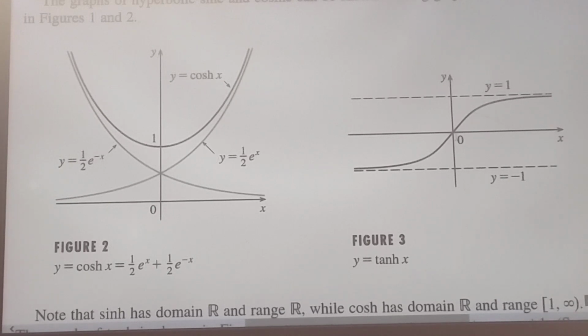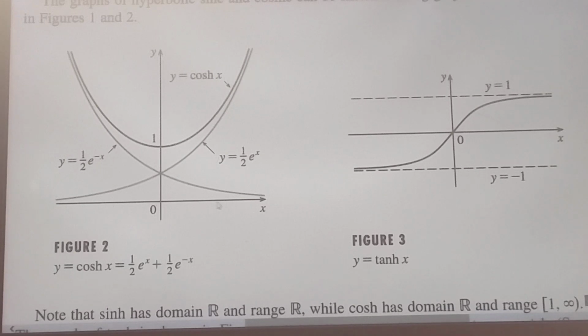If you put 0 here, we know it's 0. But for y equal to 1, there is no value that we are going to get. That is an asymptote, so we must know the sketch.